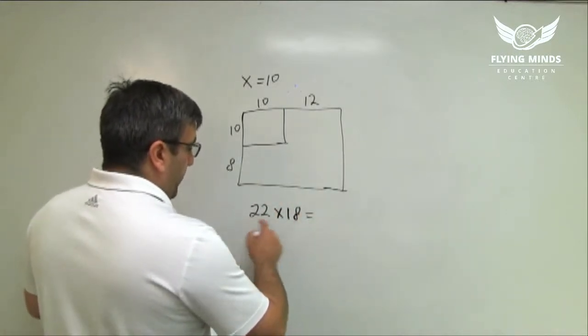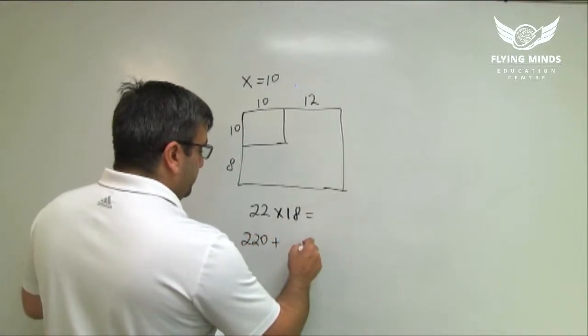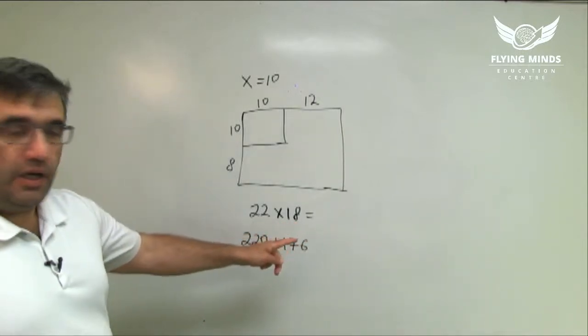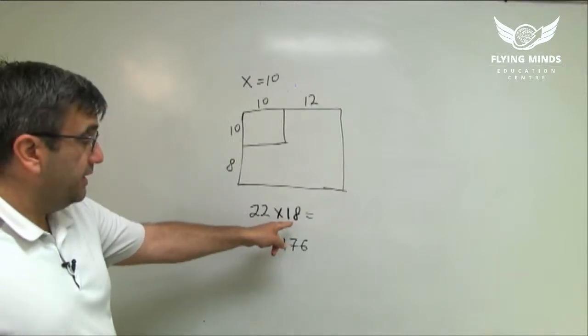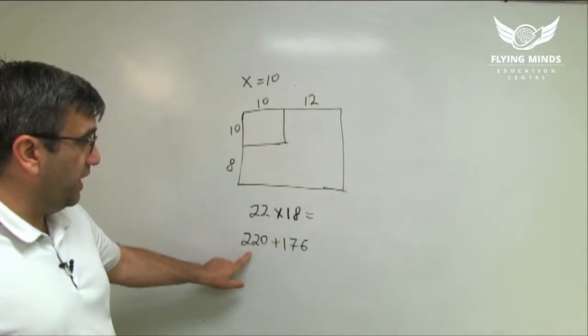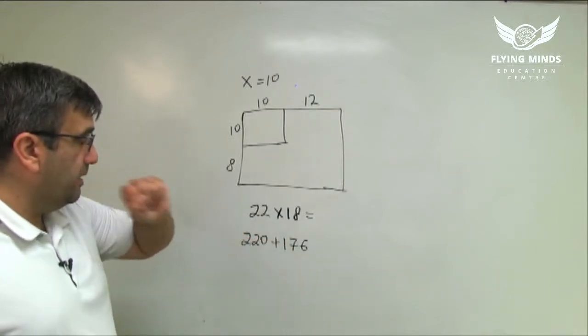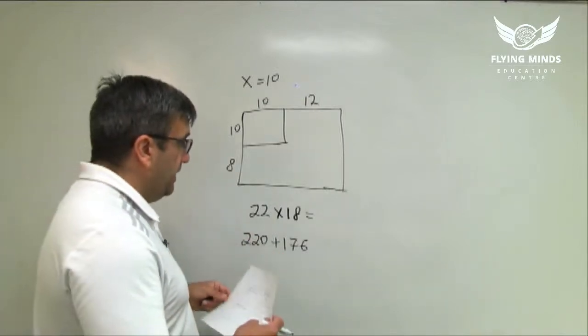So it will be 220 plus 176. What I did, I multiplied 22 by 10, and it's 220, and then 22 times 8, which is 176.